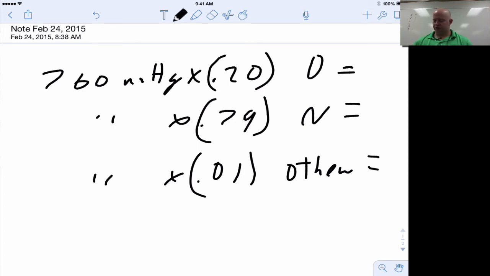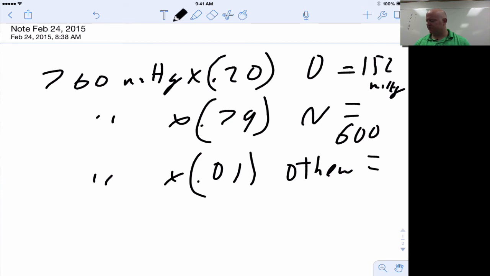Doing that, 760 times 0.2, we end up with 152 millimeters of mercury. For nitrogen, you take 760 times 0.79, and we get 600.4. We're dealing with just a couple of sig figs here, so we'll just call that 600.